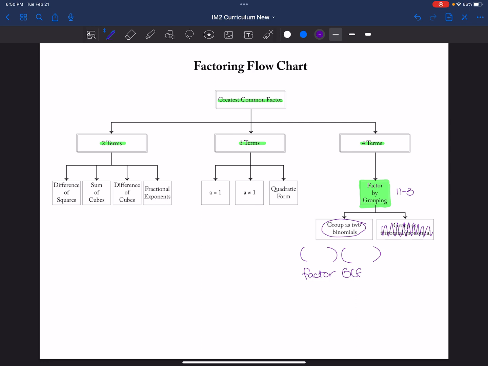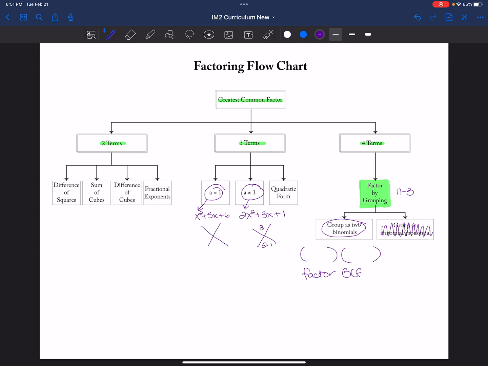And then if I have 3 terms, then I have a choice. Is it like x squared plus 5x plus 6, or is the coefficient of x squared not 1, like a 2x squared plus something, 3x plus 1, for example? So that is a not equal to 1, and that is an a equal to 1. An a not equal to 1 is where we do the bottoms up. So we have our b term on the top and my 2 times 1 on the bottom.